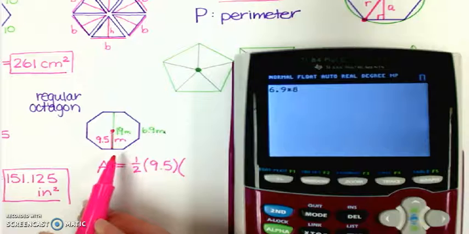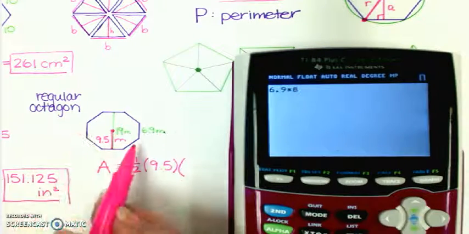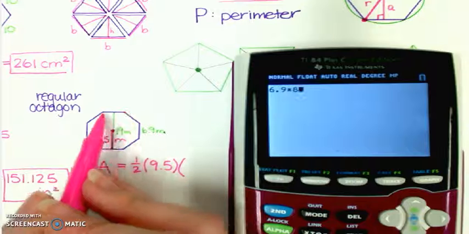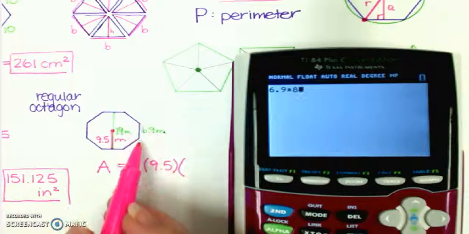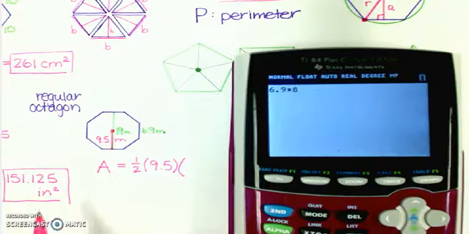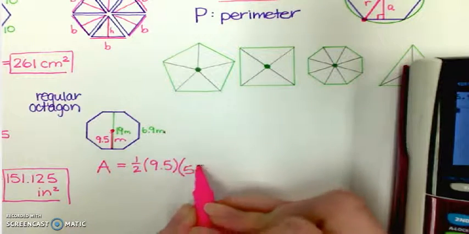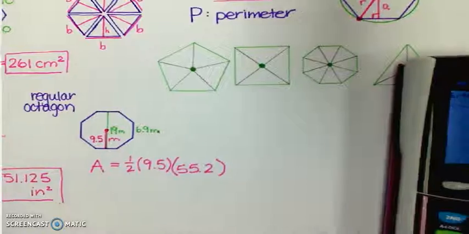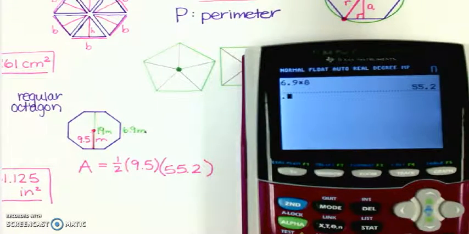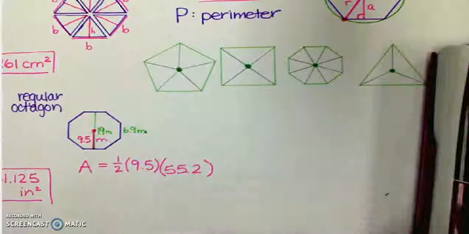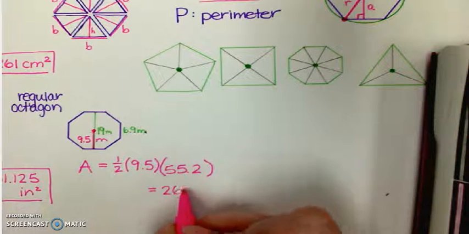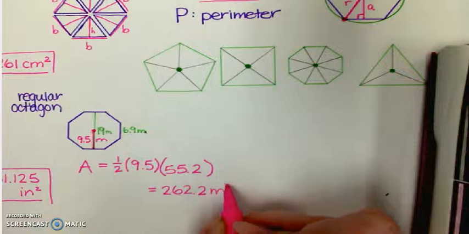But anyway, instead of saying P, they would say S times N. That just means the length of this side times the number of sides. I think you can figure that out on your own. So the perimeter of this octagon is 55.2. So the total area, 262.2. And that would be in square meters.